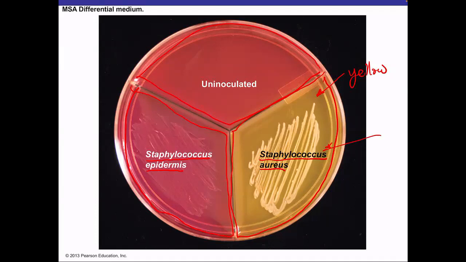The Staphylococcus species that are positive in this medium are coagulase positive. And this is a test that I want you to investigate on your own, because you will have to use it in your virtual laboratory in the homework that you have to complete.